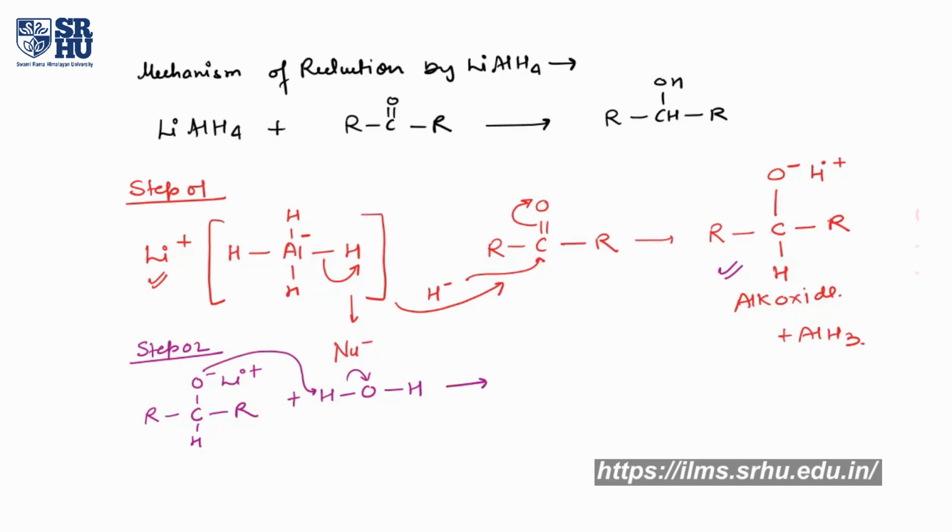So it's a protonation kind of thing, and secondary alcohol will be formed along with lithium hydroxide. So this is step number 2, and this is how LiAlH4 converts a ketone into a secondary alcohol. This is our product.